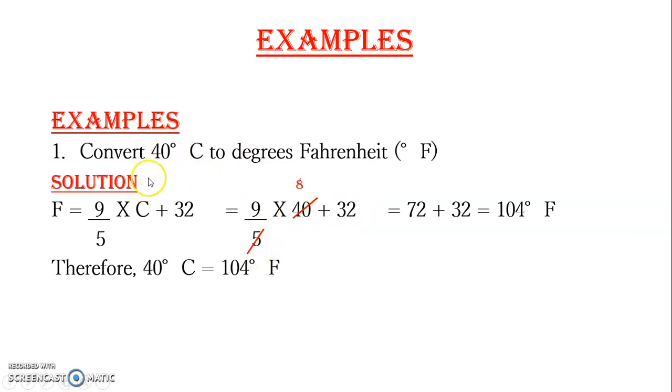So the only thing we have to input here was our degrees Celsius into the formula, which here is represented by C. So 5 can cancel out. 5 into 40 gives us 8. So 9 times 8 gives us 72. 72 plus 32, here we get 104 degrees Fahrenheit. So we've succeeded in converting 40 degrees Celsius into 104 degrees Fahrenheit. So therefore, 40 degrees Celsius is equal to 104 degrees Fahrenheit.